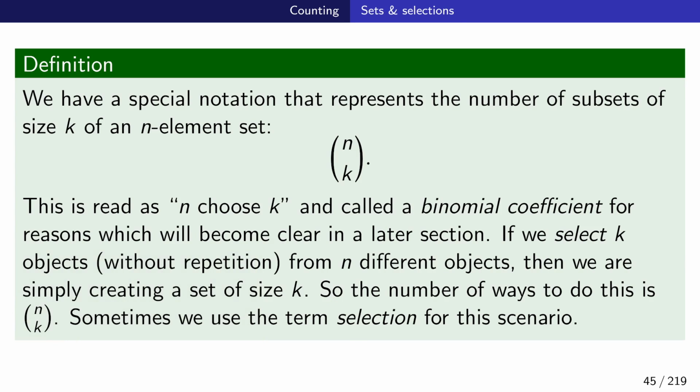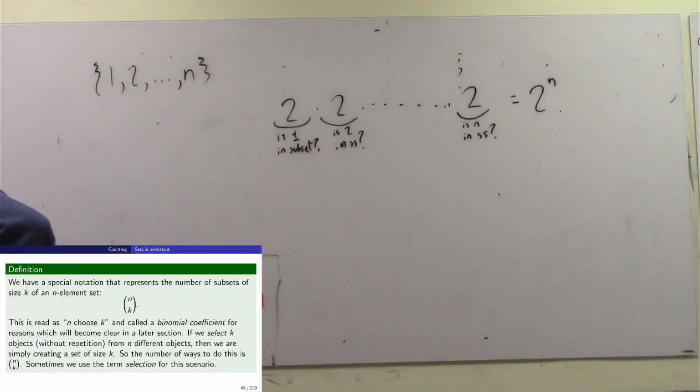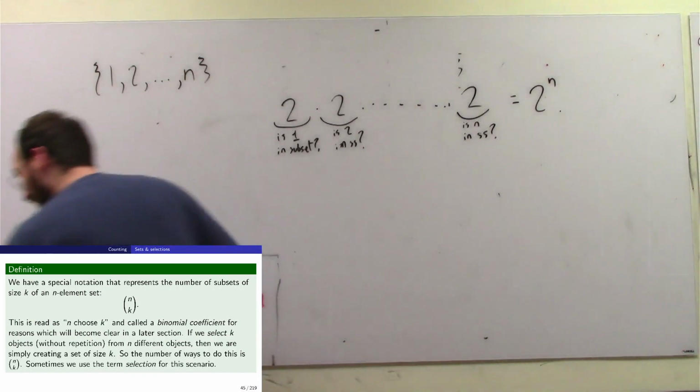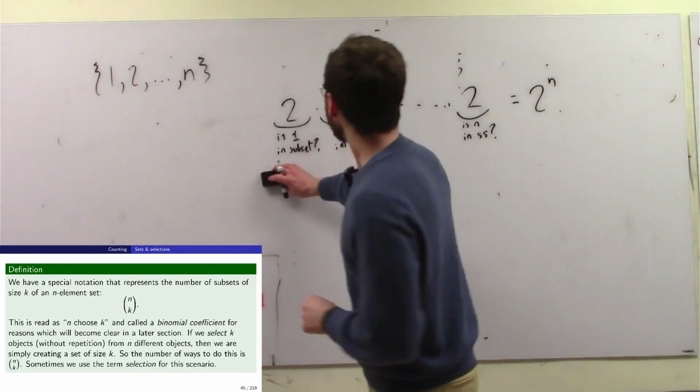We have an n and a k there. We read it n choose k. And the idea of the binomial coefficient is that it's counting how many ways we can take k elements from a set of size n. I'm still struggling with this stream deck, so apologies.